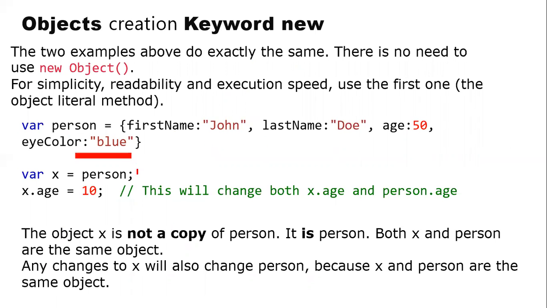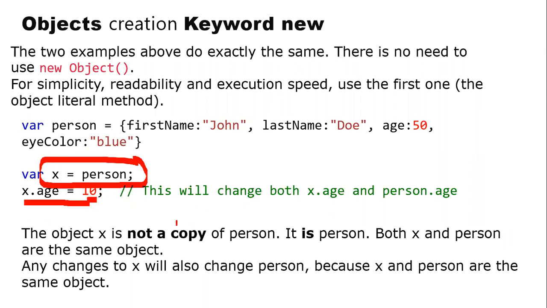Now remember, when I'm going to talk about objects, and I'm trying to assign the value of an object to another variable, for example, I'm defining this object called person here, and then I'm trying to assign the value of this object called person to the x variable, and then I'm trying to access x dot age and change the value of the age property to 10.